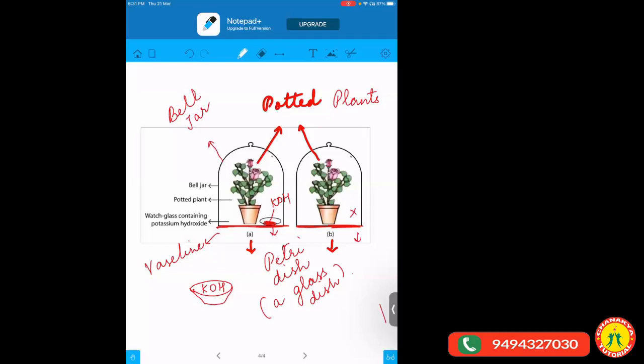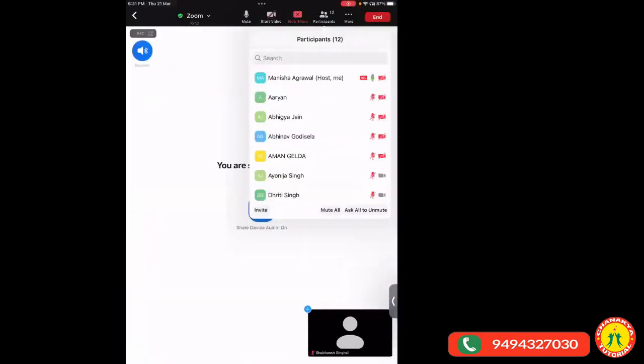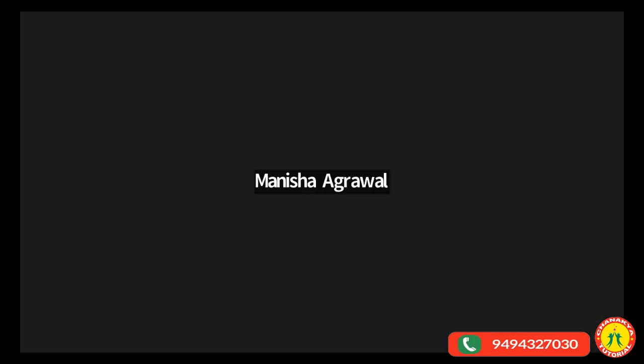So once they apply this Vaseline, the air cannot move in and out of it. Understood? So the reason why they have used that Vaseline is so that it does not allow the air to move in and out. Am I clear, children?